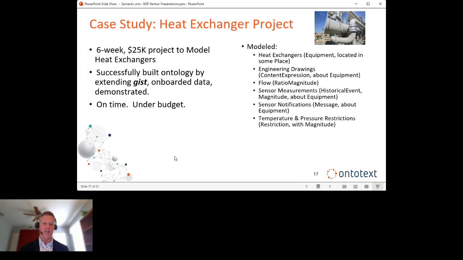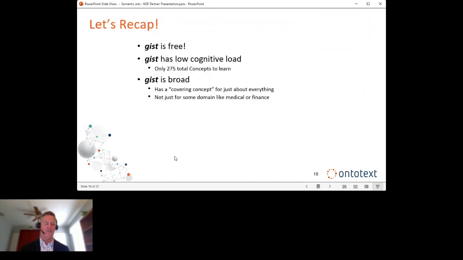And of course, restrictions would almost certainly have magnitudes: temperature magnitudes, pressure magnitudes. Not to mention all of their pieces of equipment have IDs, different ways they identify pieces of equipment and their subparts. So we were able to model all that because we had such a rich set of concepts to start with, and just do a tiny bit of specialization, and off we went.